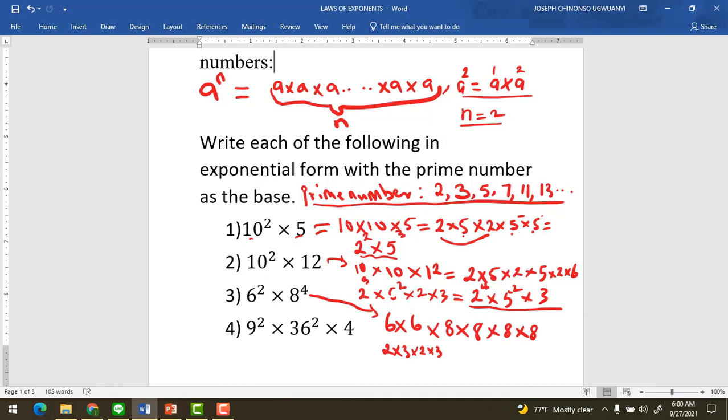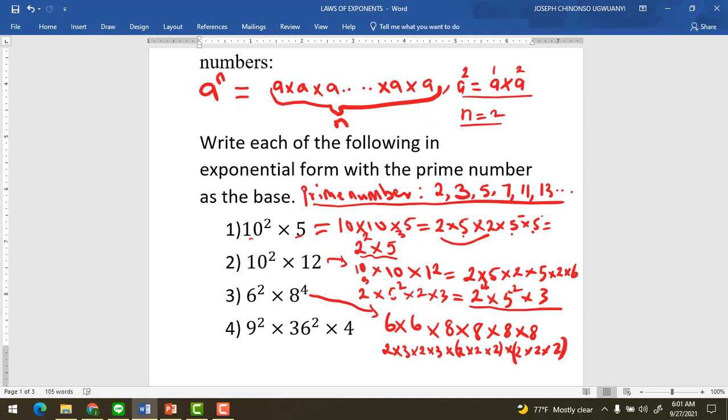8 is 2 times 2 times 2. Another 8, 2 times 2 times 2.